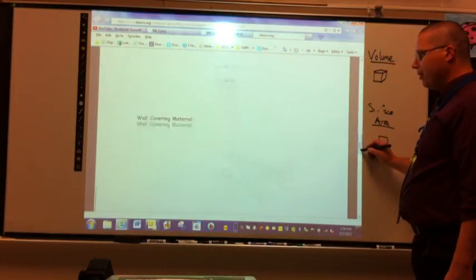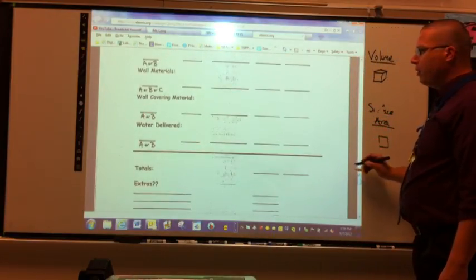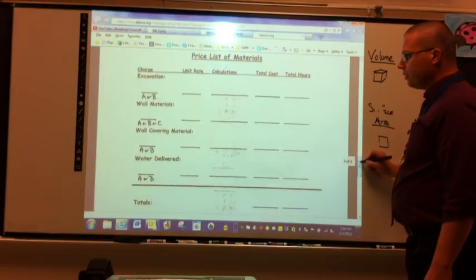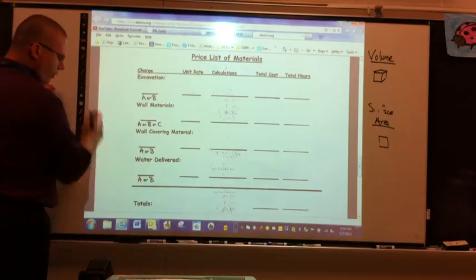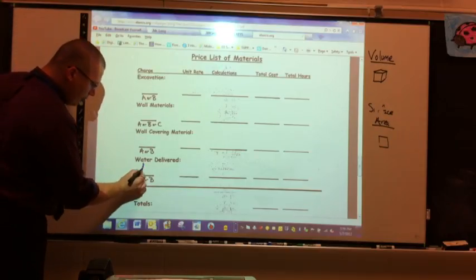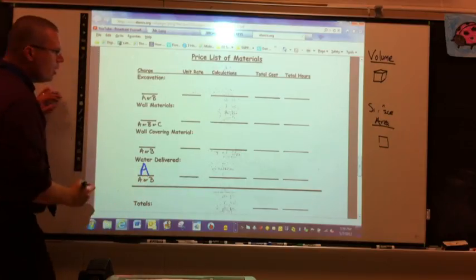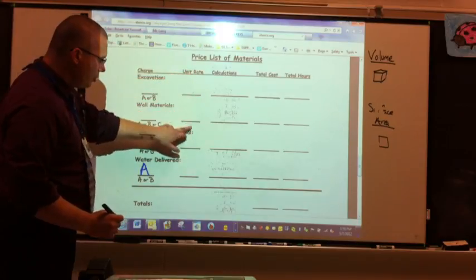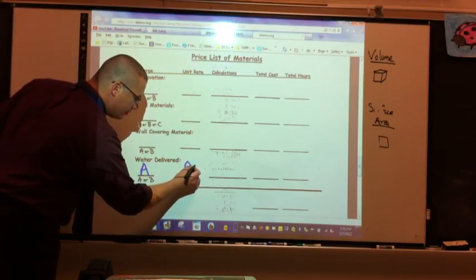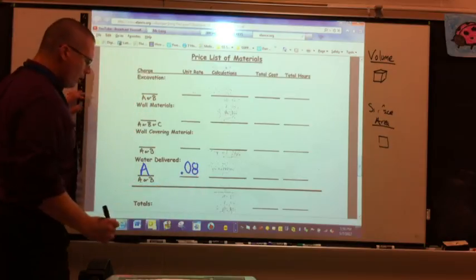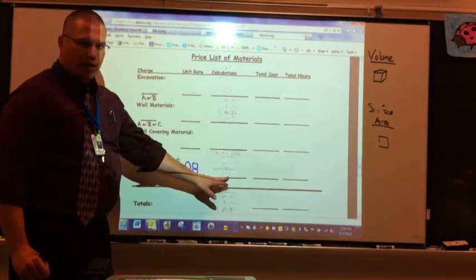So let's flip back. How do I fill in my chart? First of all, which company did I pick? I chose A. Unit rate. How much do they charge for every cube? 8 cents. How much is it going to cost me?